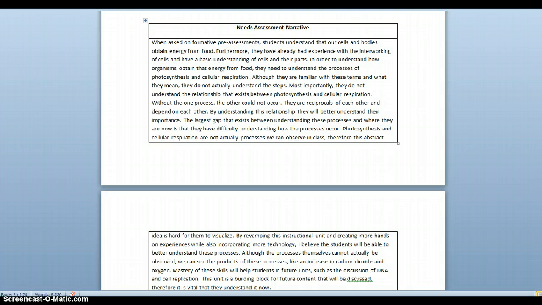They've heard of the terms photosynthesis and cellular respiration, but they don't understand the step-by-step process. And more importantly, they don't understand how those two processes are related, that the products of cellular respiration are the reactants of photosynthesis and vice versa. So that's what this particular lesson was meant to emphasize.